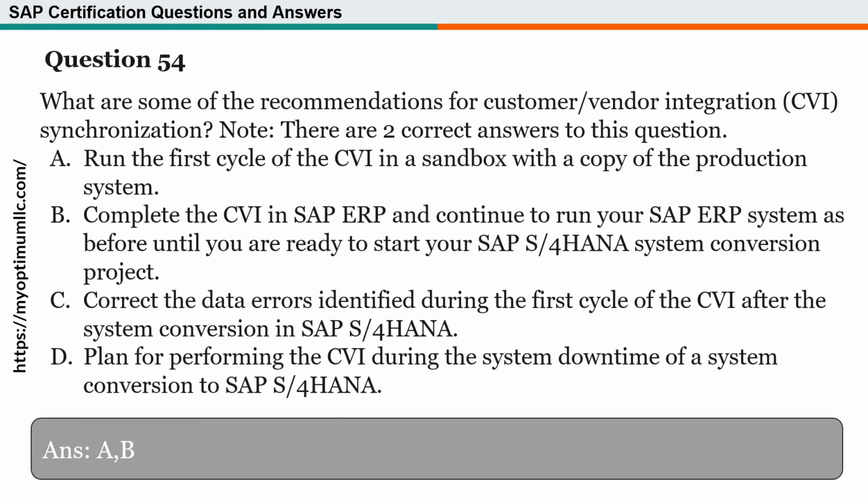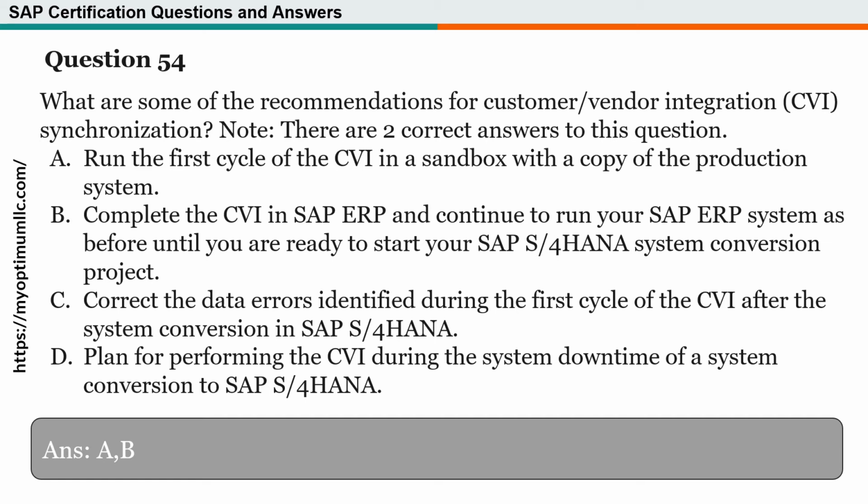Question 54. What are some of the recommendations for customer/vendor integration, CVI, synchronization? Note, there are two correct answers to this question. A. Run the first cycle of the CVI in a sandbox with a copy of the production system.